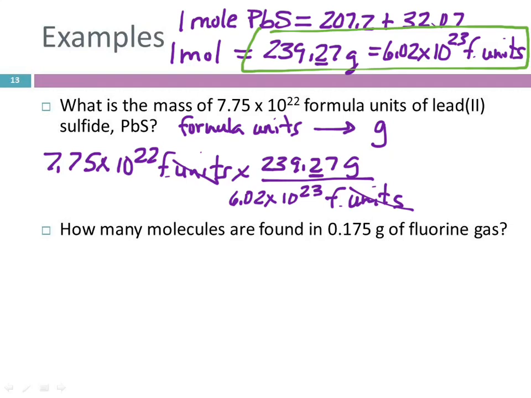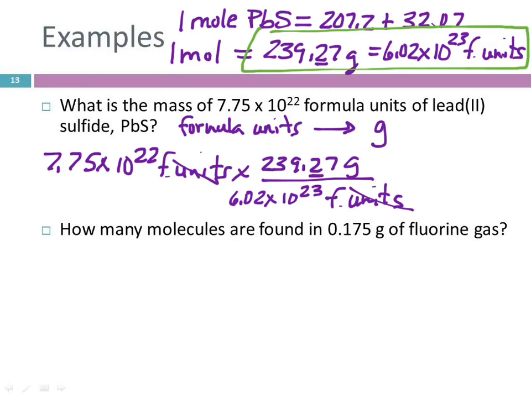So now I need my calculator. So we're going to take 7.75 EE22, and I'm going to multiply by 239.27 and divide by 6.02 EE. I pushed the wrong button.